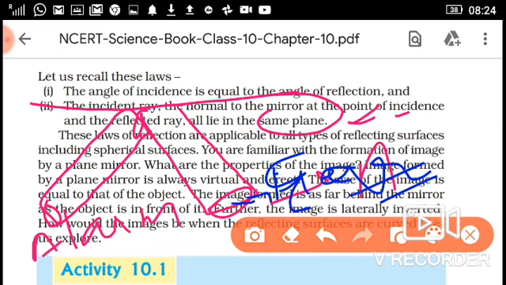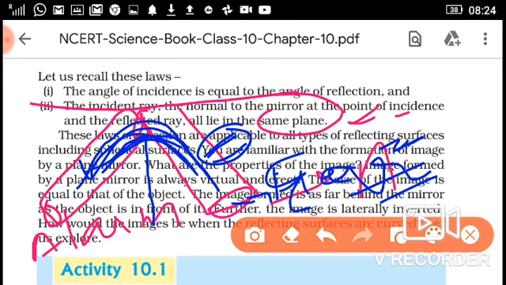Okay, then suppose you lift one chart paper, then you will not hear the sound clearly. But when you place them on the table like this, in the same plane, on the same surface, then you will hear the sound clearly.